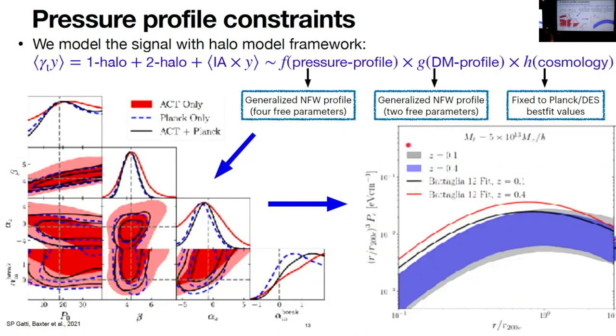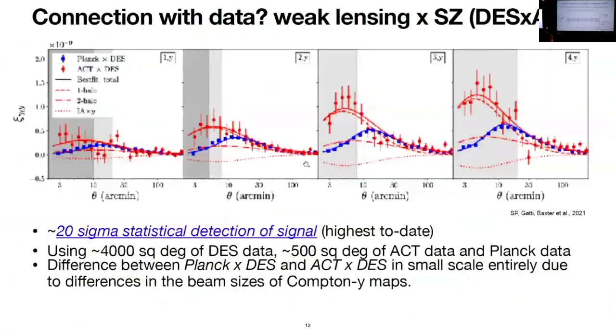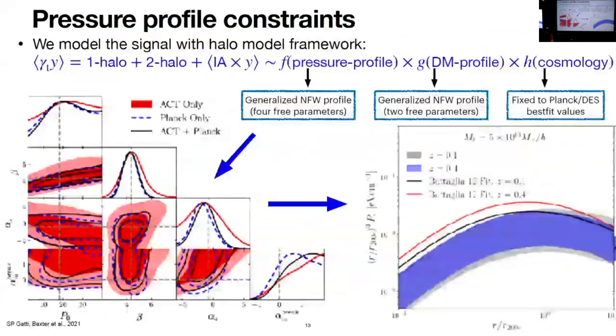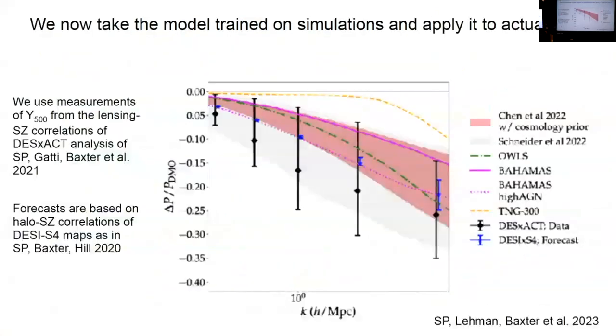You can then start to compare with different simulations. From what you saw in here, we have trained a model where you can give it either a 3D pressure profile or an integrated SZ signal, and you can try to recover the matter power suppression. We take these 3D pressure profiles and infer the matter power suppression, and those are the black points, which give the suppression as a function of scale.